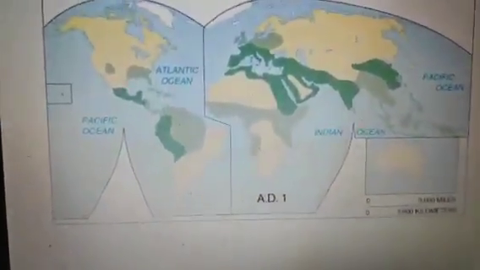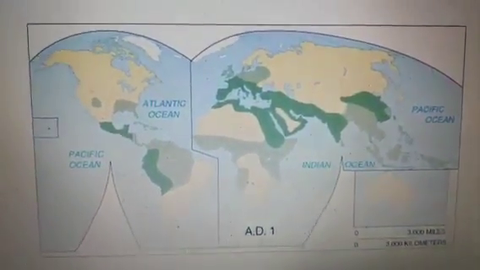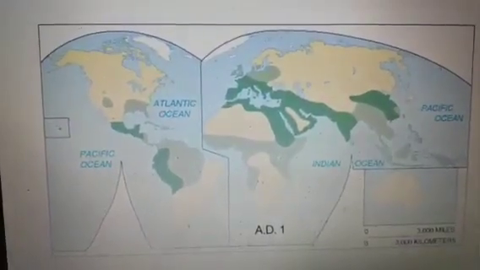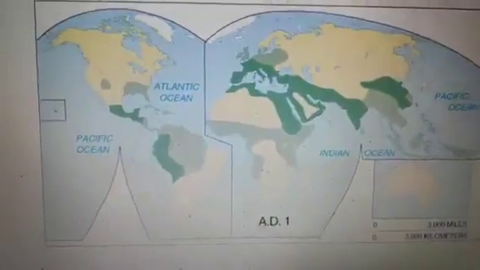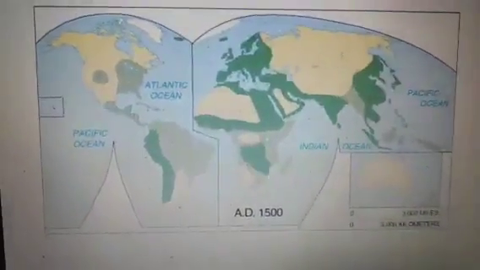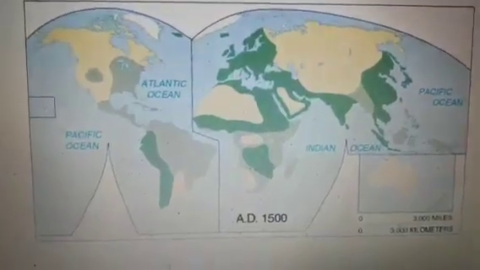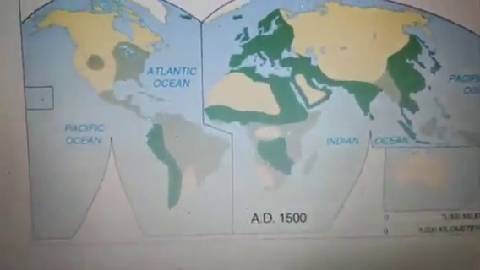And again when AD 1 comes, slowly settlement starts. That means agriculture production starts in a new way, and you can see the green world is increasing. And again in 1500, the green world is increasing due to the development process. And here comes India, where the population is now increasing slowly but gradually.